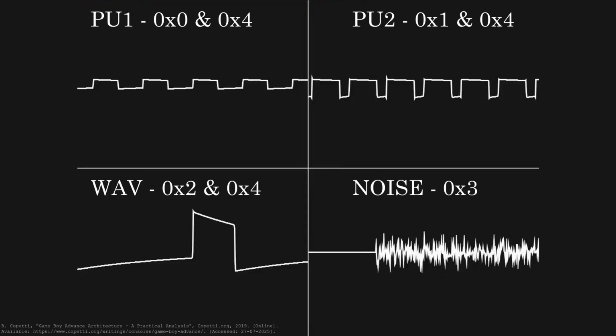The first signal is received by PU1, the second by PU2, the third by WAV, the fourth by PU1, and so on.